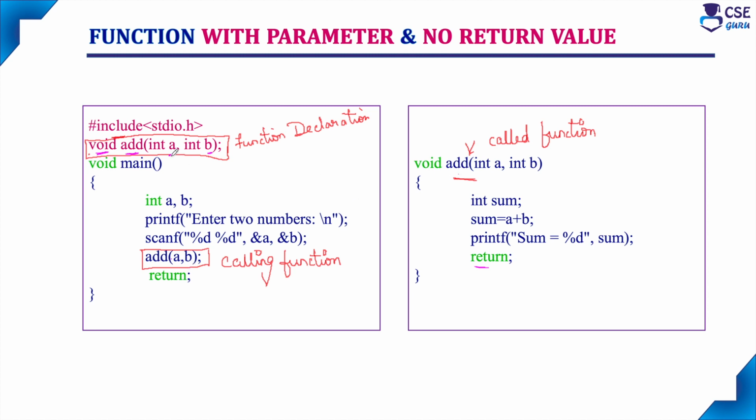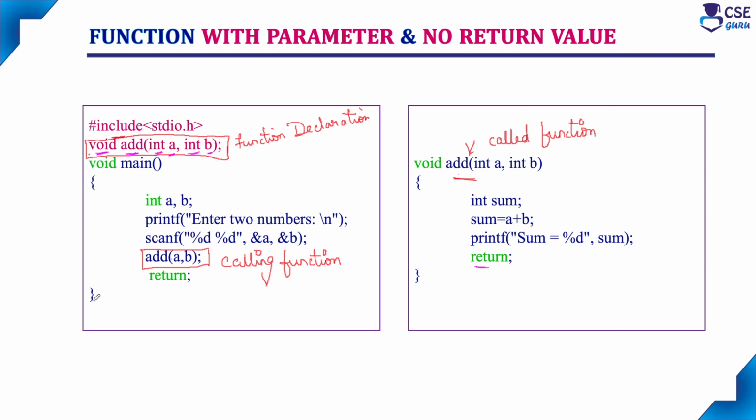The parameter should accompany its data type, and both are integers, so we have placed int A, comma, int B. If there is more than one parameter, they should be separated by a comma, and this will end with a semicolon. So this is the function declaration. Another name for function declaration is function prototype.